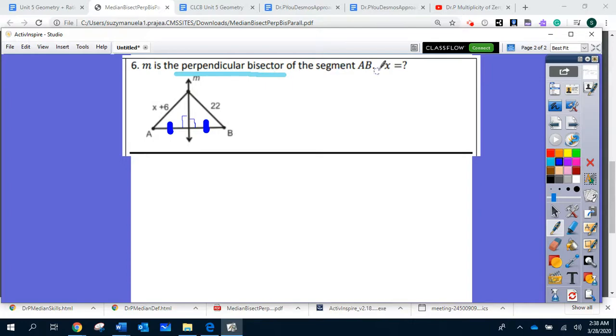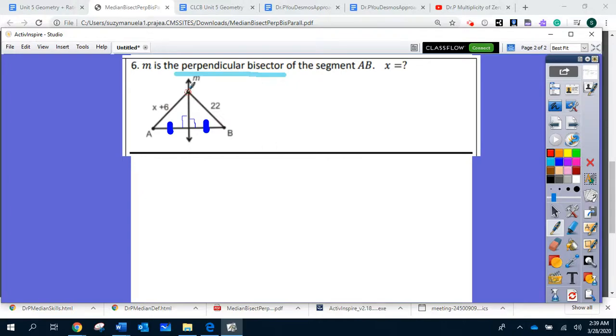Okay, but how do we find x? What represents x? So x plus 6 is the length of this segment from here, and I see another segment that is equal to 22. Now, if you remember the main property of the perpendicular bisector, but even if you don't remember, guys, you just look at this figure and you have an intuition that these segments should be equal.